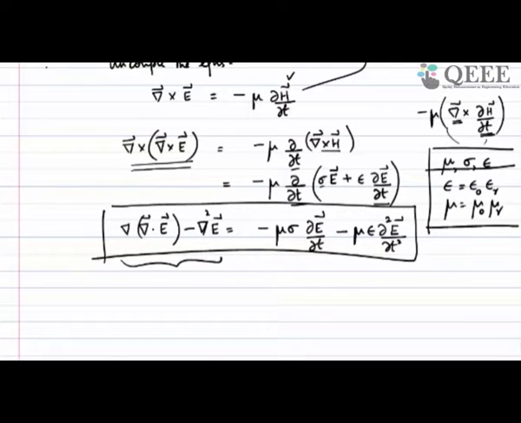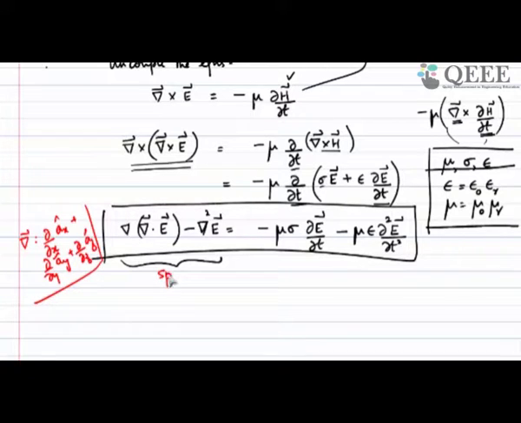The left hand side is telling me the variation of del. Remember, del is variation in x, it is a directional gradient, it is talking about del by del x a_x cap plus del by del y a_y cap plus del by del z a_z cap. This is what del means.